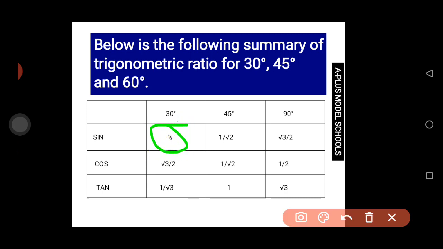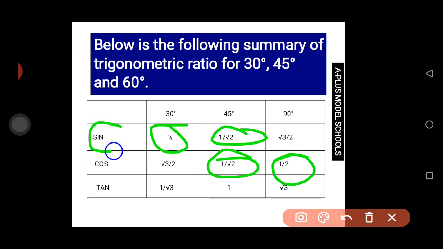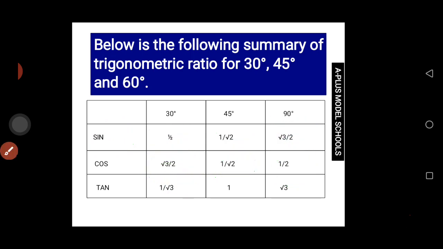Sine 45 is also equal to cos 45. Sine 60 degrees is also equal to cos 30 degrees. Why? Because they are complementary angles.